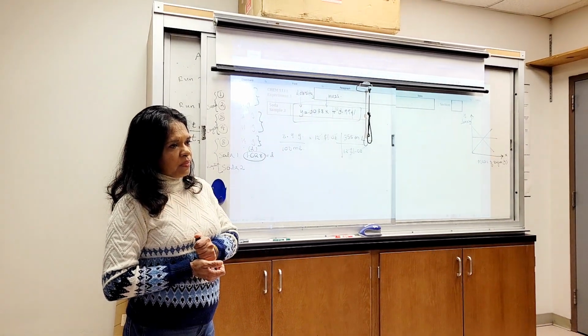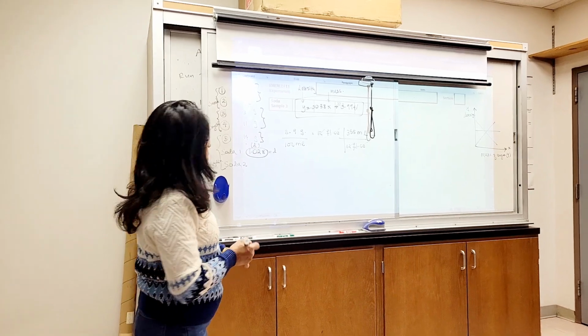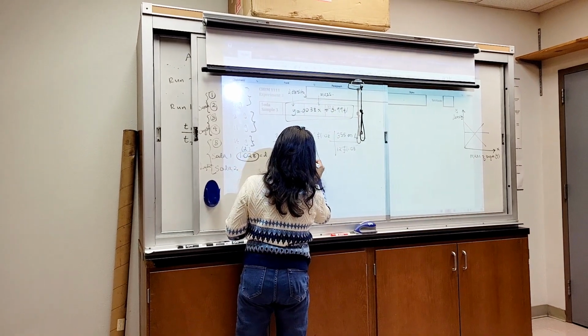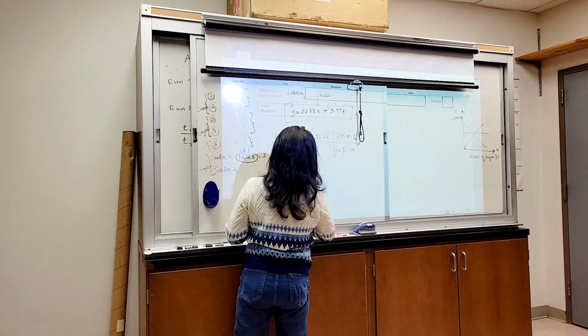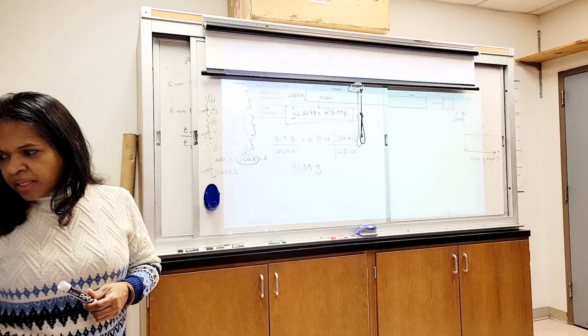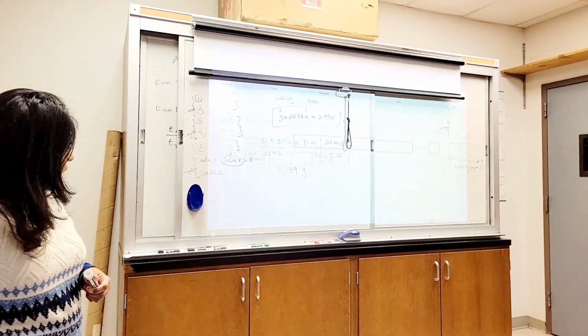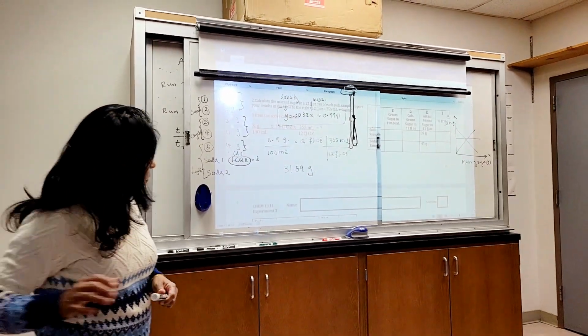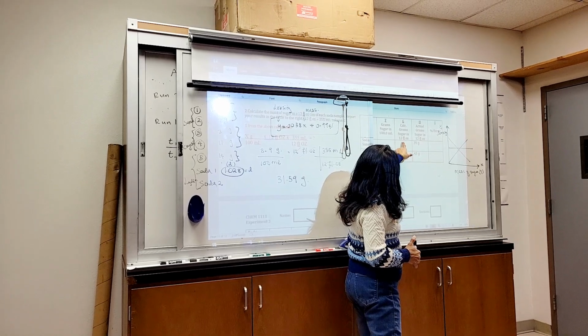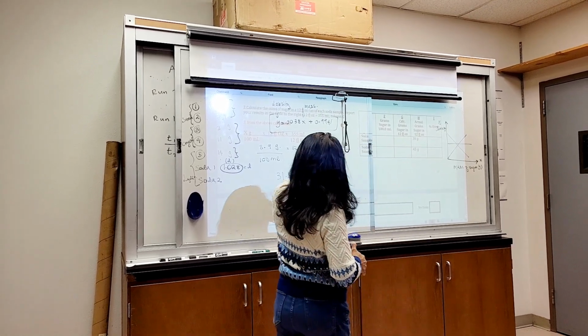I got 31.59. So 31.59 grams is the mass of the sugar in a 12 fluid ounce can. You're going to write that down here under column G: calculate the grams of sugar in 12 fluid ounce sample.